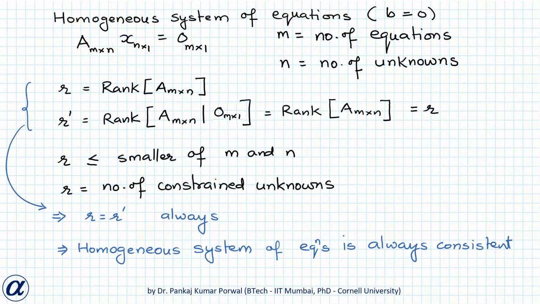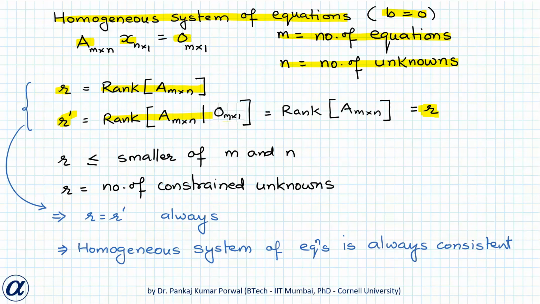Next we move to the case of the homogeneous system of equations where b is equal to 0. So our system of equations will become A x equals 0, where m is the number of equations and n is the number of unknowns. In this case the rank of the coefficient matrix, that is R, will be equal to the rank of the augmented matrix, that is R prime, because addition of this column with all entries equal to 0 does not change the rank of the augmented matrix.